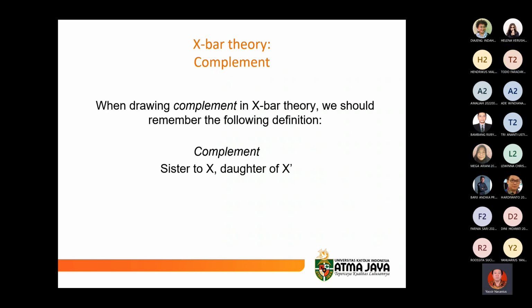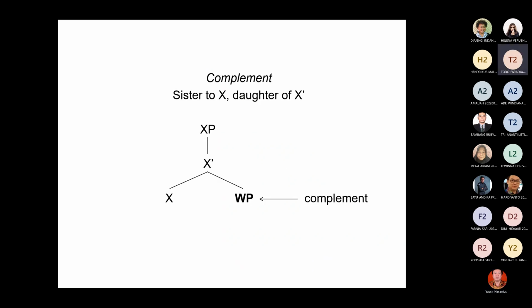Let me give you an example of how to draw a complement. When you draw a complement, your structure should look like the following tree. XP consists of X bar, and X bar consists of X, WP. Let me represent the complement as WP. So if I look at this X bar 3, how do I know WP is a complement?